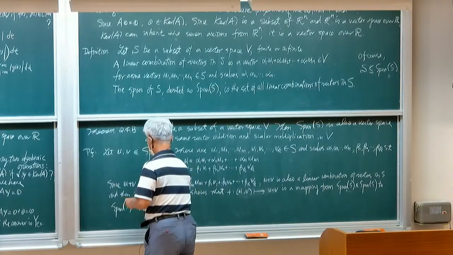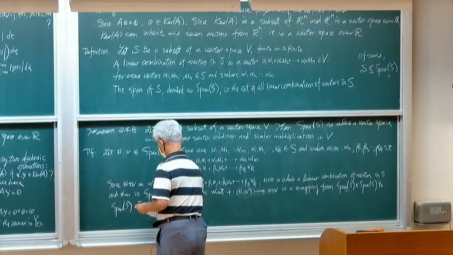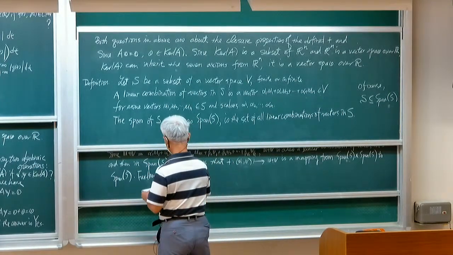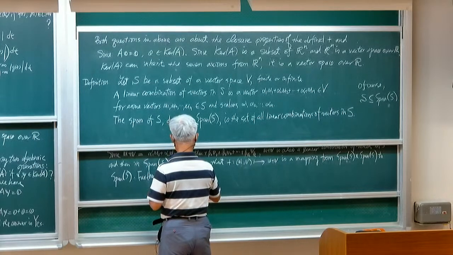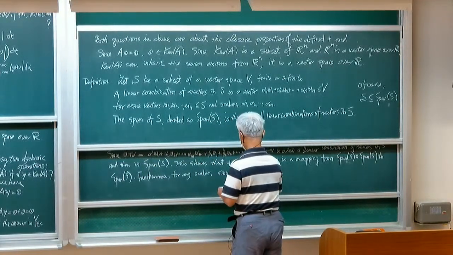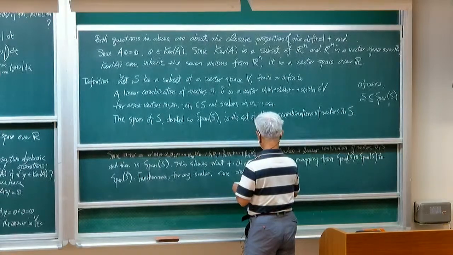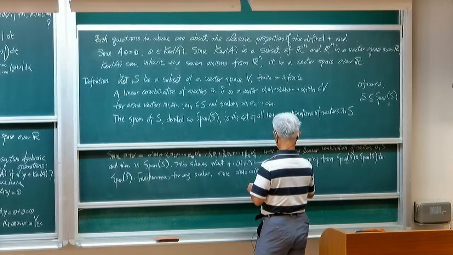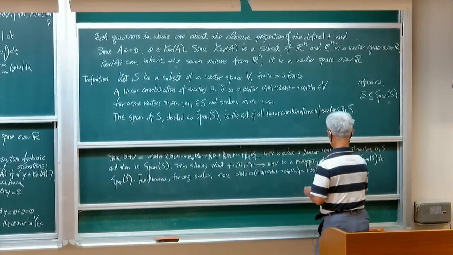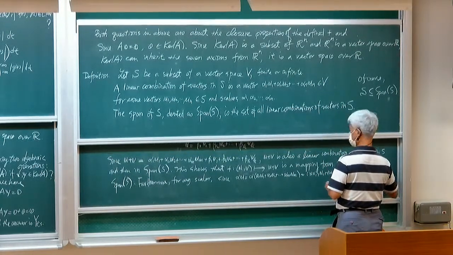Now, furthermore, for any scalar alpha, alpha times u, that is alpha(alpha 1 u1 plus alpha 2 u2 plus ... plus alpha m um), is equal to alpha alpha 1 u1 plus alpha alpha 2 u2 plus ... plus alpha alpha m um. Okay.